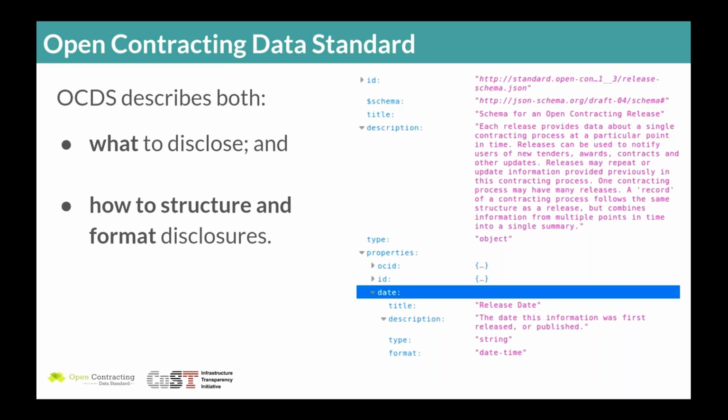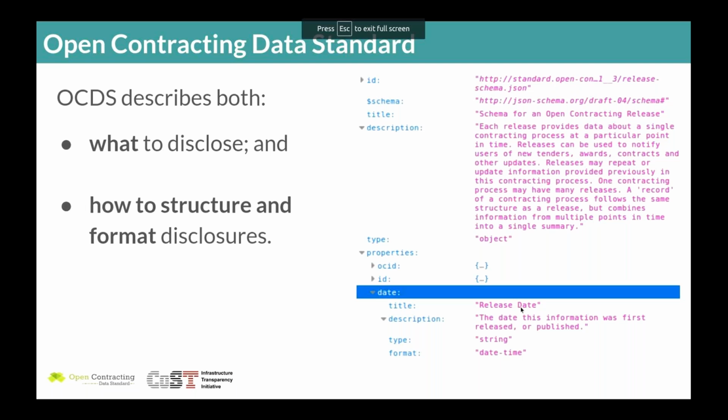So the idea is to make it as easy as possible to use. So if everyone agrees on what the data means and how to structure and format it, then it's really easy for someone to reuse it in a different context and to build tools that OCDS data can work in for everybody. And there on the right of your screen, if you haven't seen any of the OCDS data, the schema, this is essentially the rules about what to disclose and in what way.